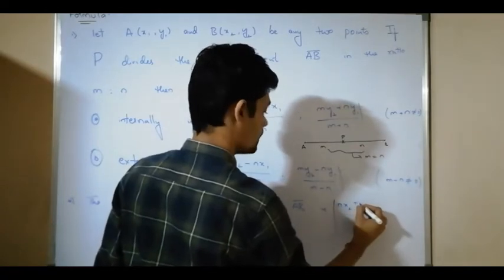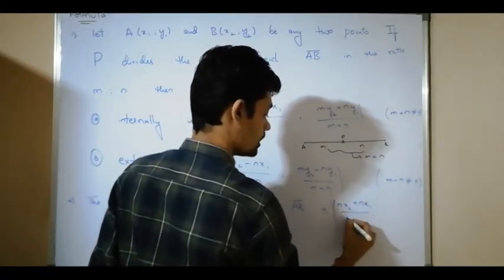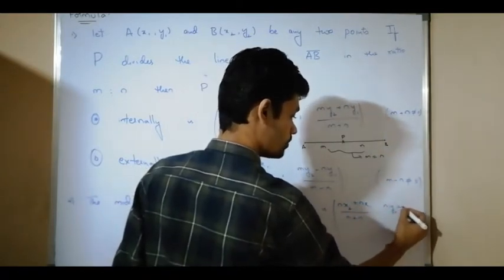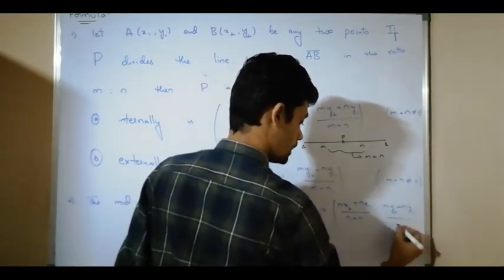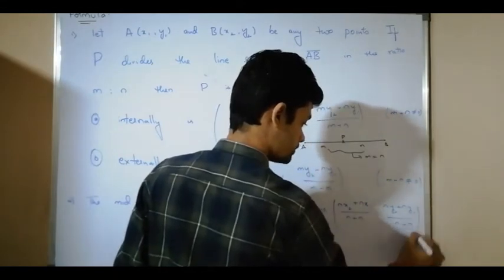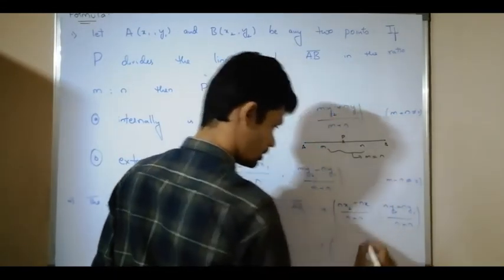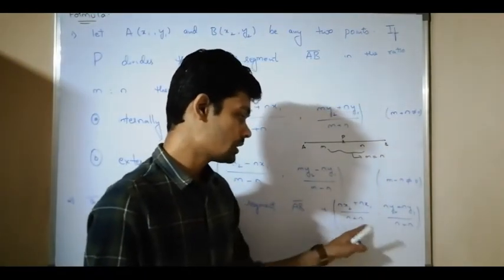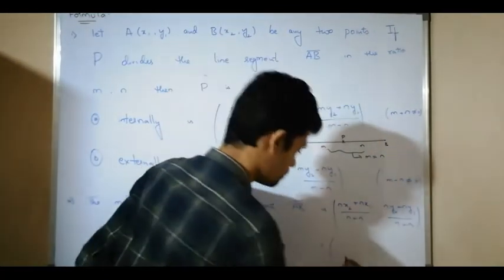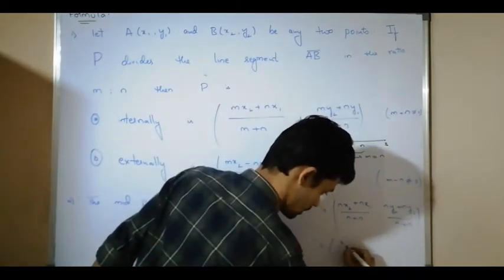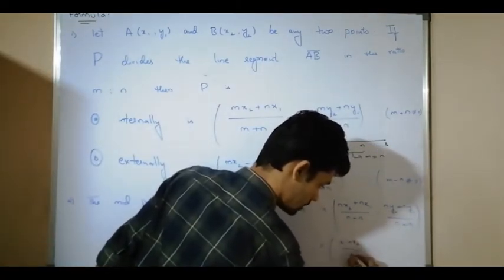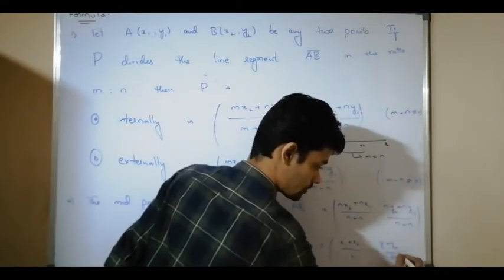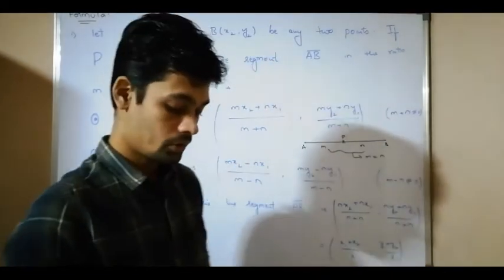So (n x2 plus n x1 by n plus n, comma n y2 plus n y1 by n plus n). Now I take n common in the numerator and denominator, cancelling. We will get (x1 plus x2 by 2, comma y1 plus y2 by 2). This is the midpoint formula.